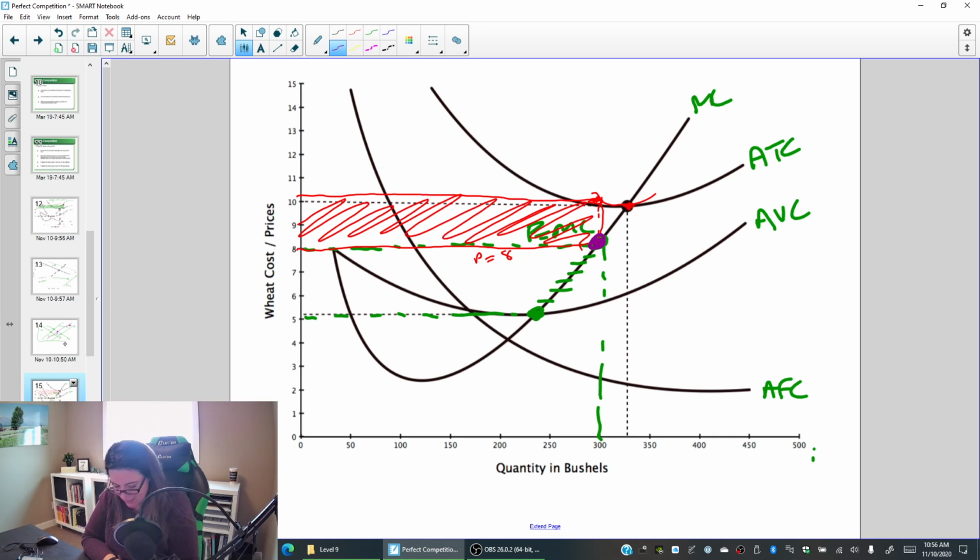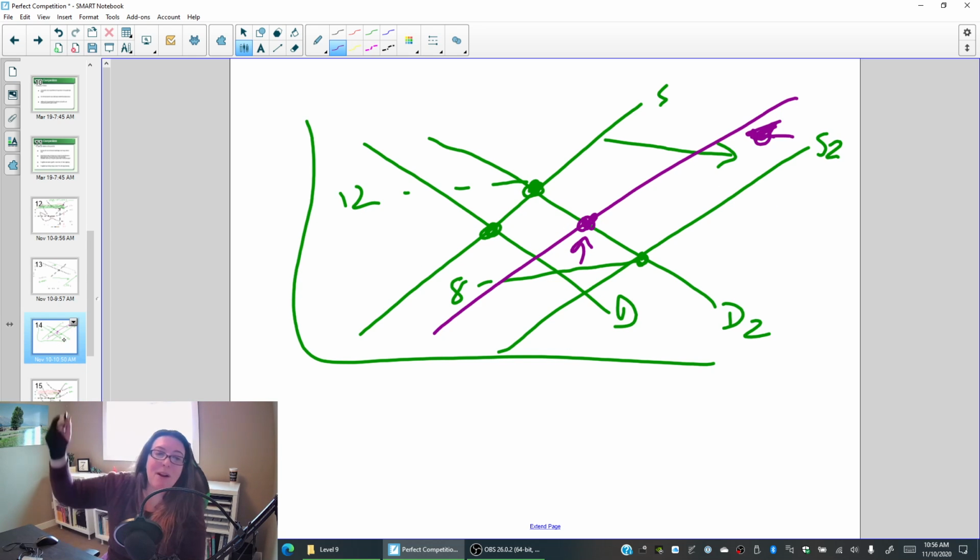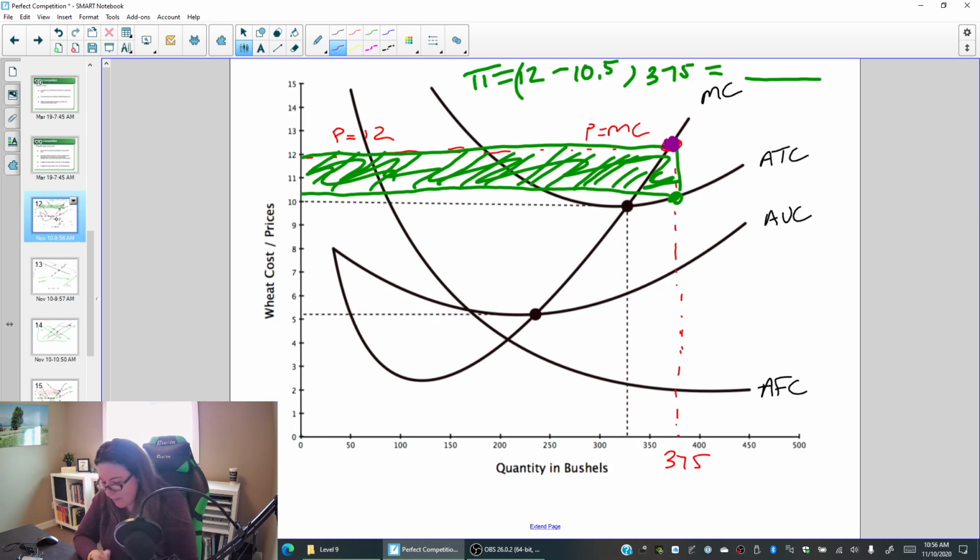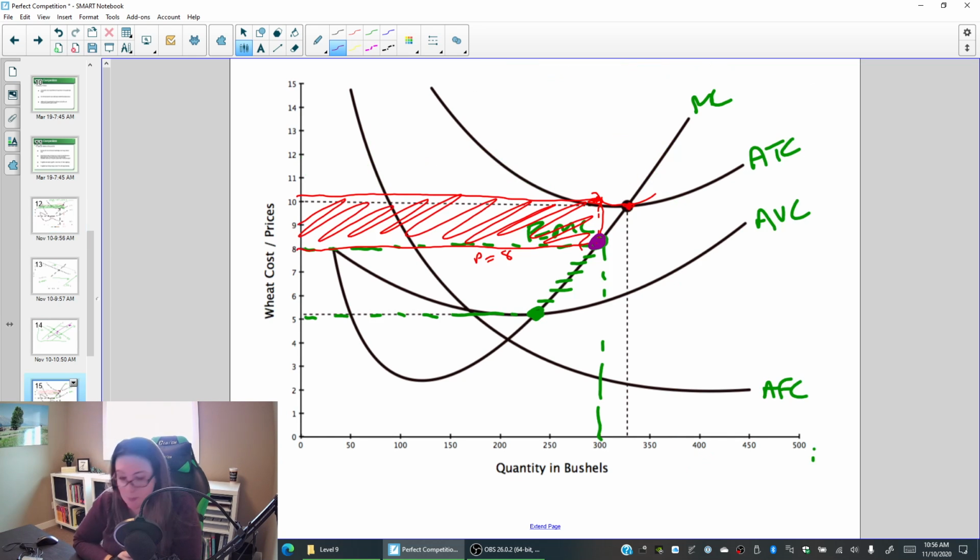So supply decreases and the price goes up. So if here the supply is going to increase, pushing the price down, and here supply is going to decrease, pushing the price up, when does the price stop moving around? It stops moving around when you end up here.